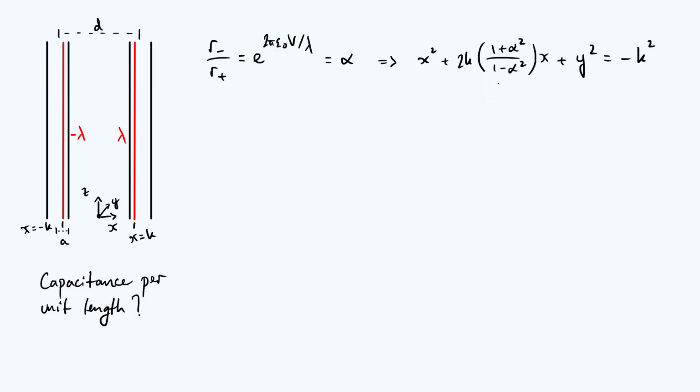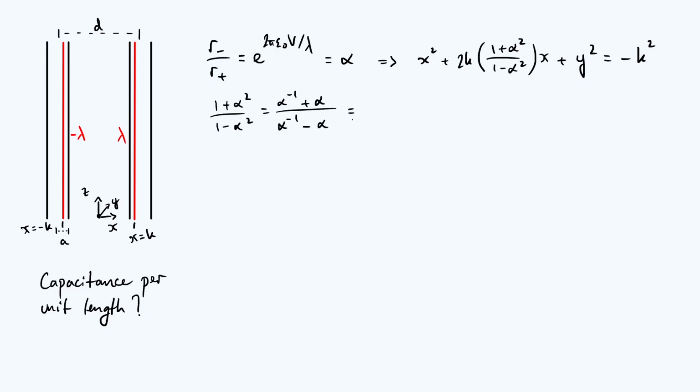As it happens, there's a very convenient and neat way to write that using hyperbolic trig functions. So let's consider that term. It's 1 plus alpha squared over 1 minus alpha squared. I'm going to start by dividing the top and bottom of that fraction by alpha. Then we get 1 over alpha plus alpha over 1 over alpha minus alpha.